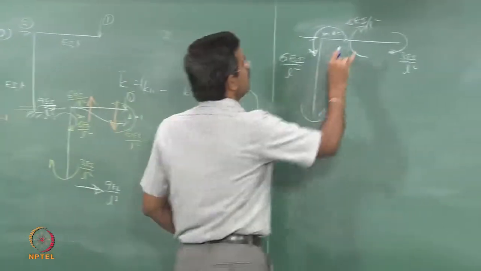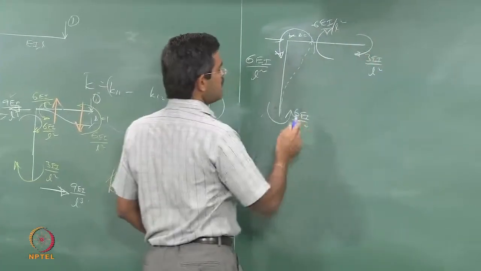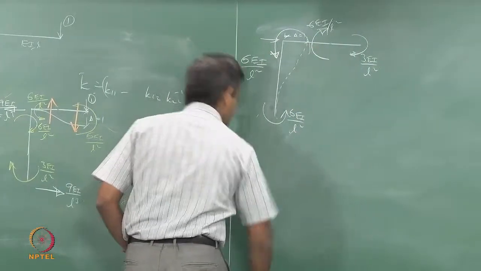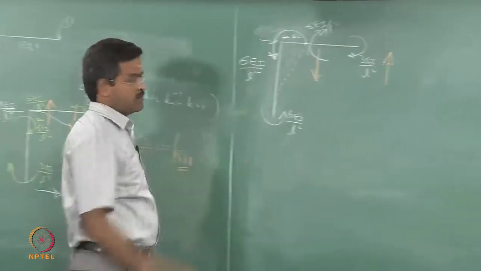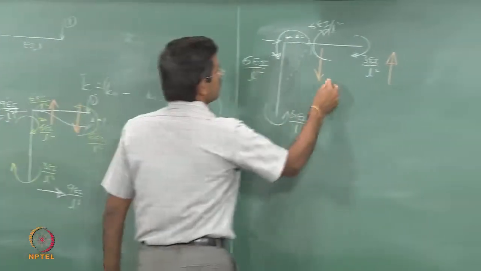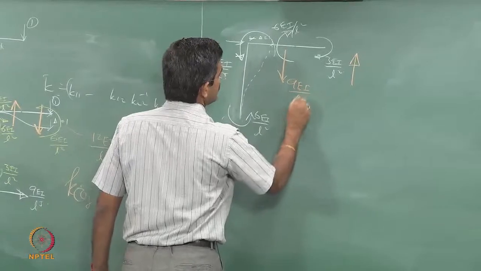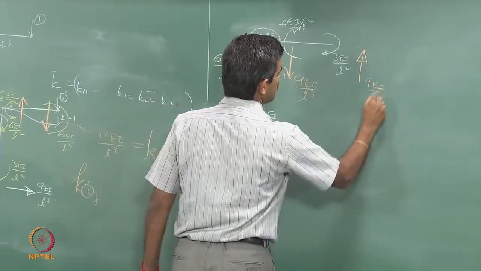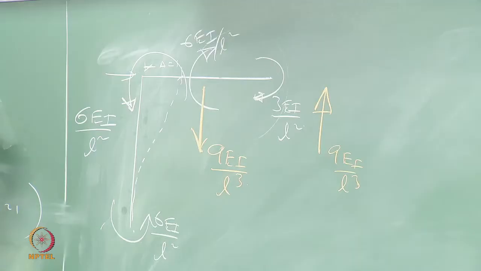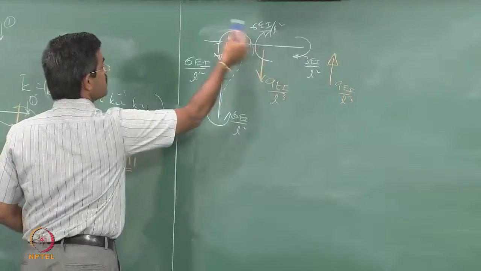Now, this is clockwise of 9. So, I will get a couple of this style which is anti-clockwise, which is 9EI by L cube, 9EI by L cube, and here this is again 12.